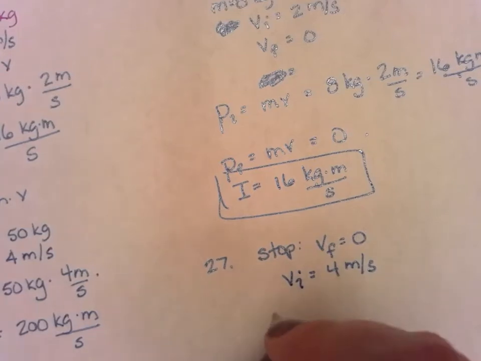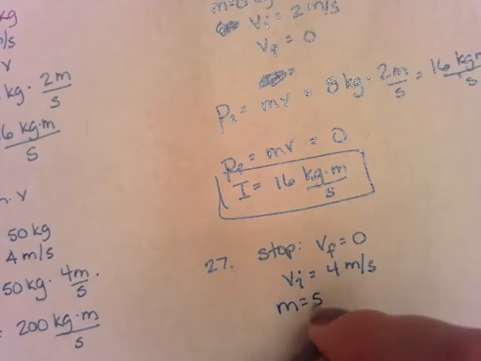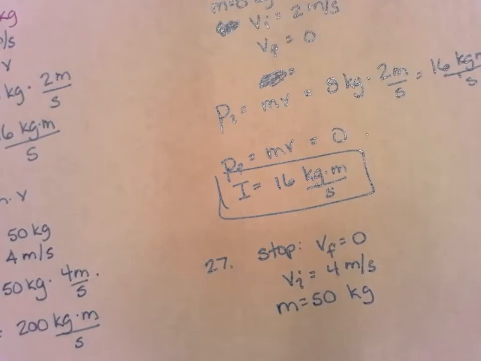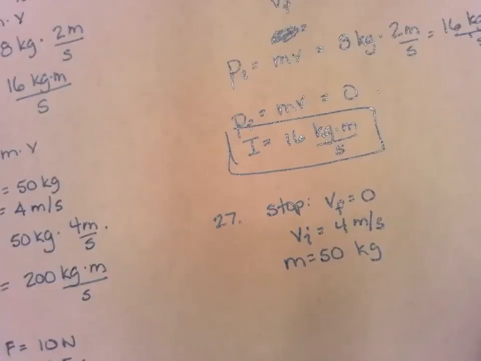My mass is 50 kilograms. And it is friction that is stopping the sliding. So that's what the rough surface means.